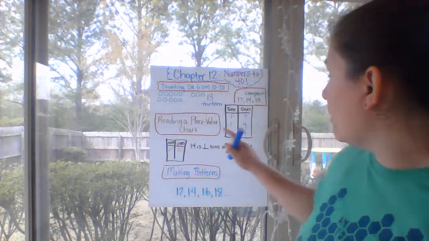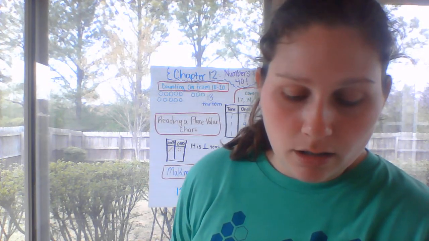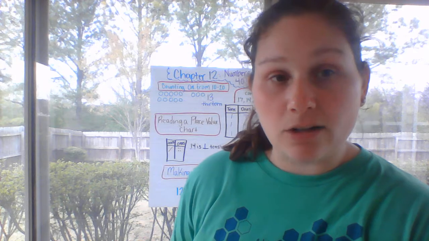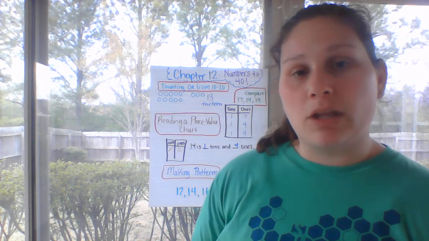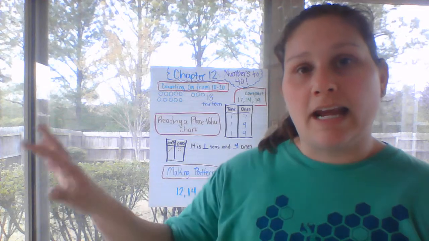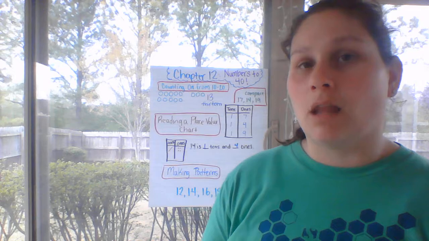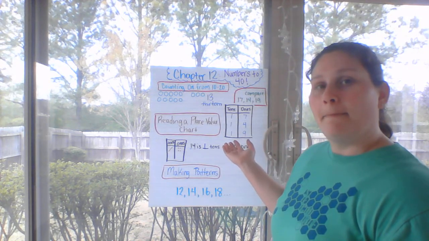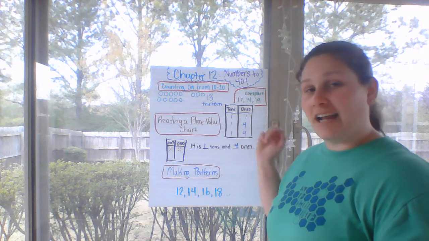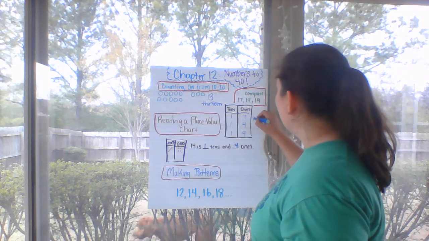Let me ask one more question in comparing these numbers. What about if I were to ask you to order the numbers from greatest to least? So I hear some vocabulary words, greatest, and I hear least. Okay, so if it's greatest to least, greatest means the largest number. So what's the largest number? 19. Good. 19 is the largest number. So you might put 19, comma.